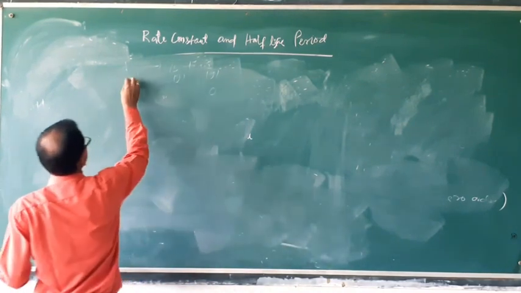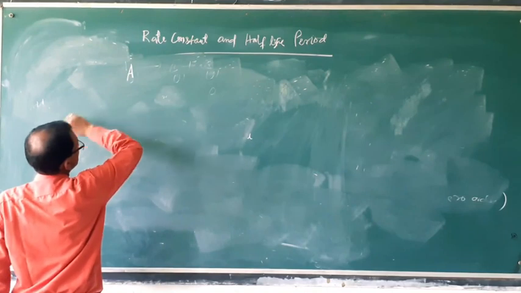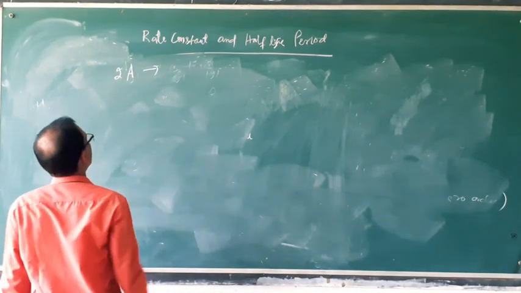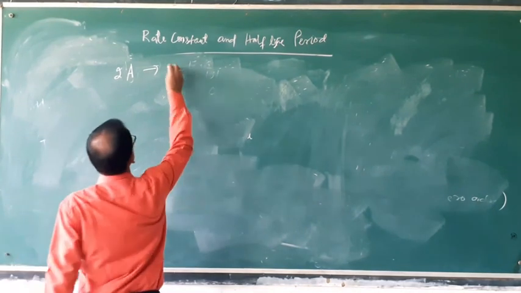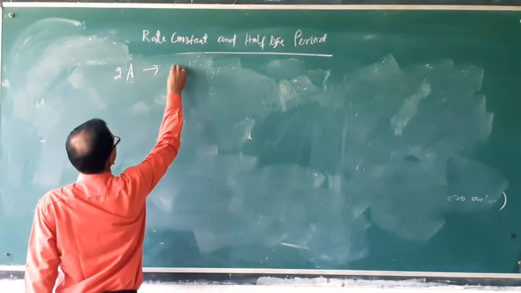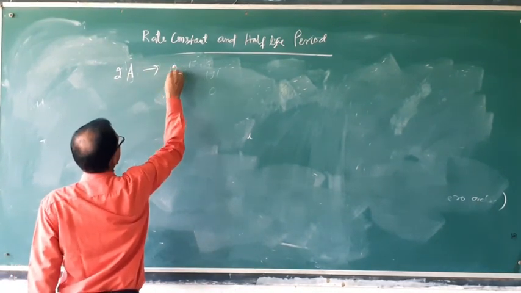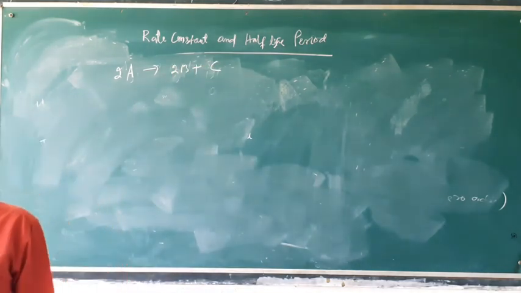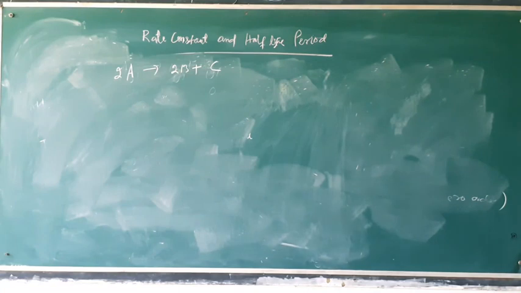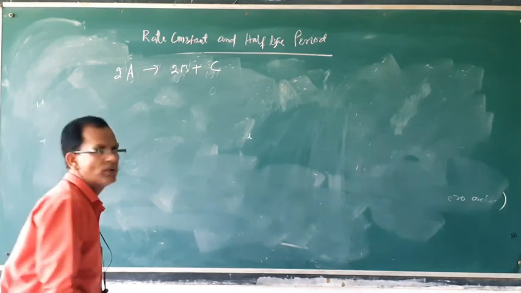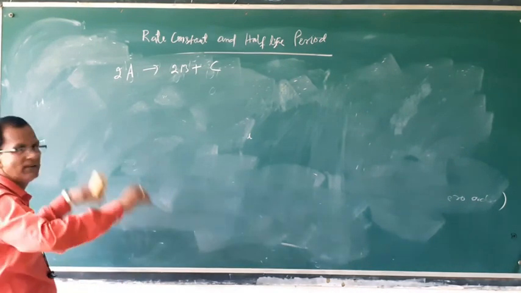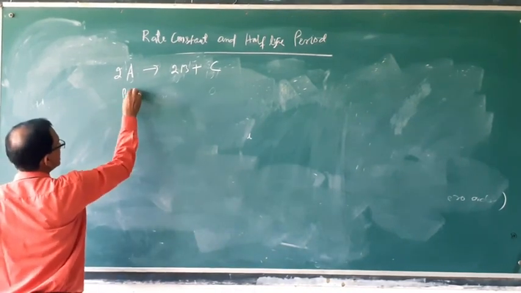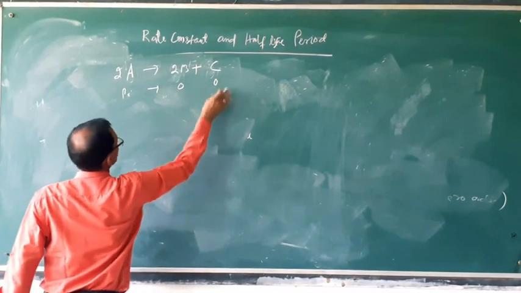If the expression is like this, 2A changes to 2B plus C. Now I have to write: here it will be Pi, and the products start at 0, 0.